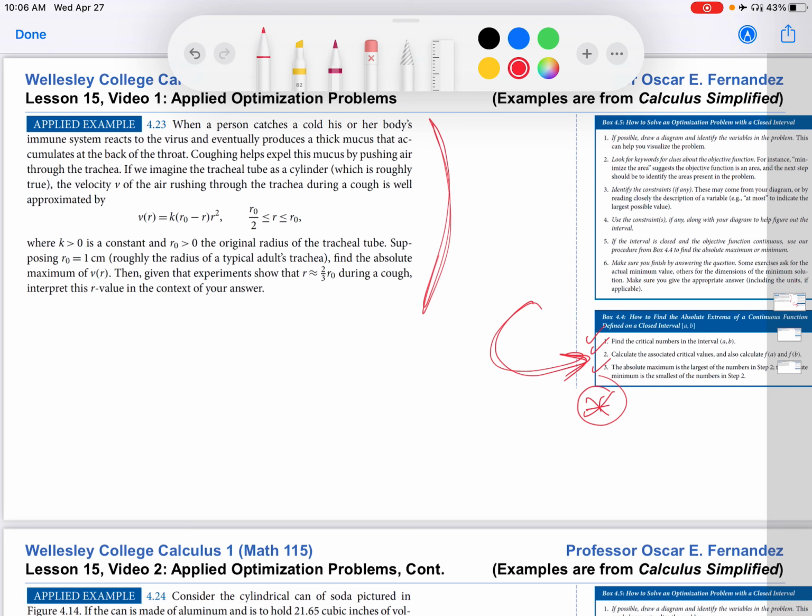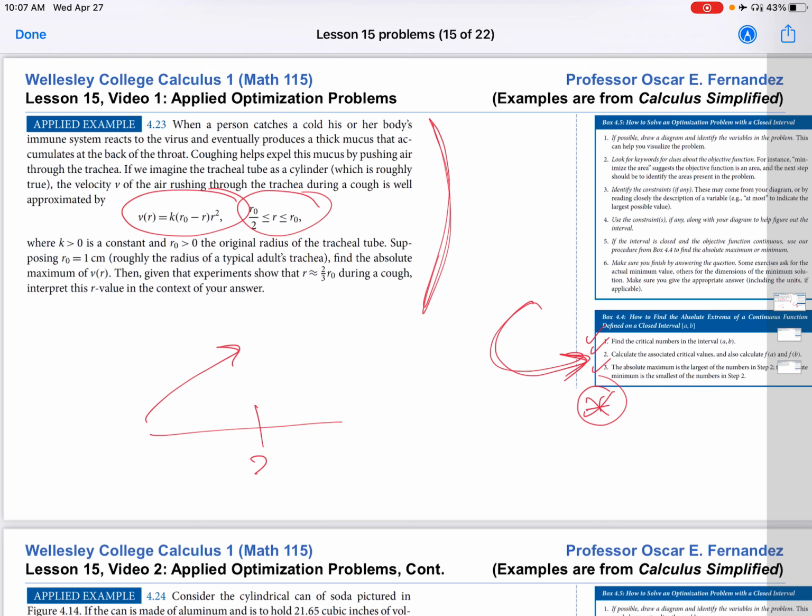So what's another way? You could have used the first derivative test and found that this function, because it only has one critical number in the interval that we are looking at, seems to be increasing before that critical number, 2/3 for r, right? V prime would be positive before then, and then negative after that.